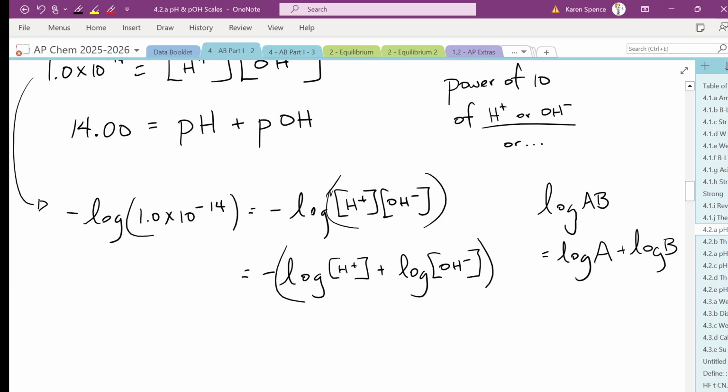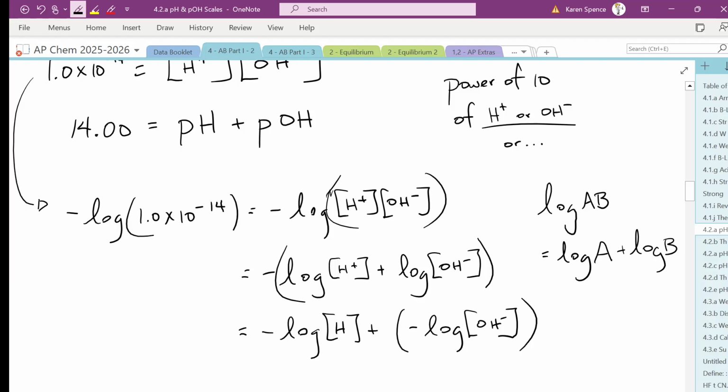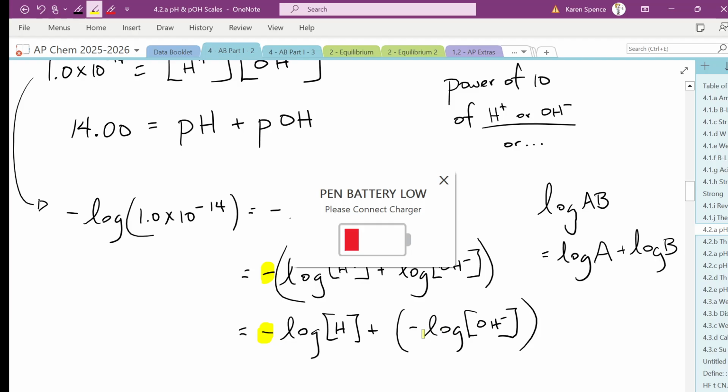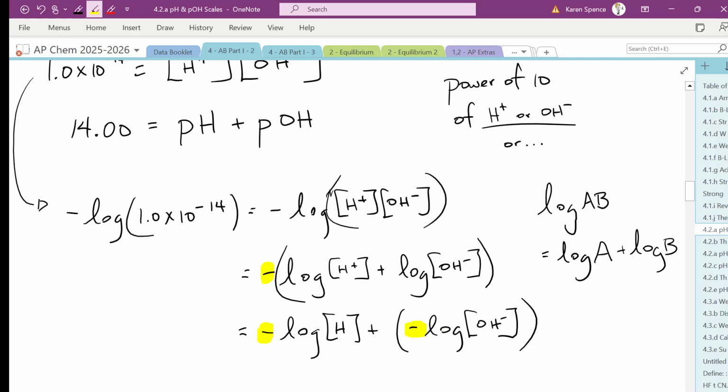So basically we have negative log of H plus negative log of OH, right? Because this negative is now here and here. You really don't need to write out this much stuff, but this is just showing you where it all comes from.